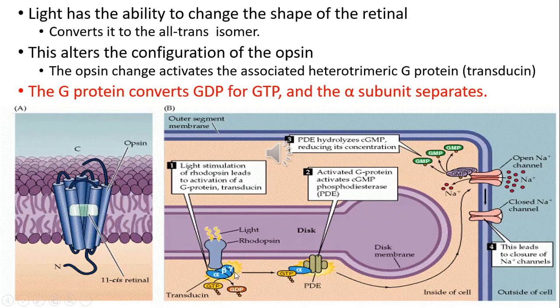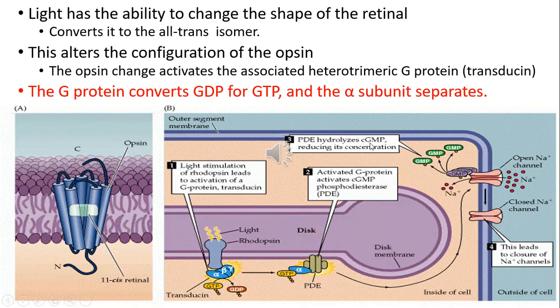So it's the enzyme. The first thing is that transducin and the GDP is going to GTP, which is going to activate the enzyme known as phosphodiesterase. So the enzyme has to be formed. When this enzyme, phosphodiesterase or PDE, is present, it is going to act on the cyclic GMP, reducing its concentration.